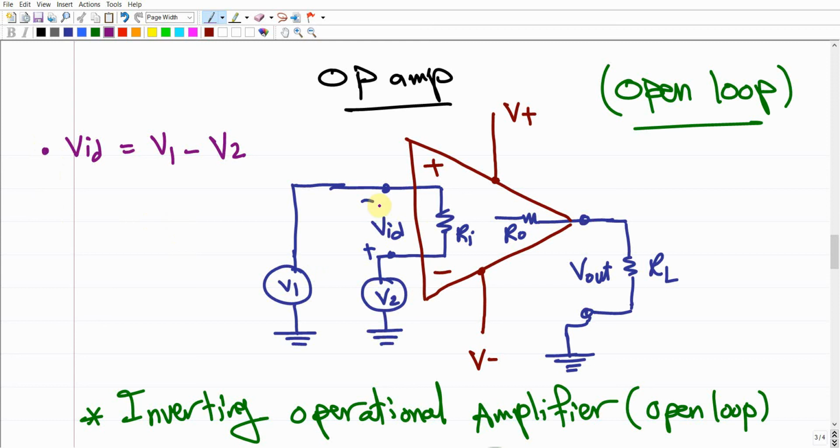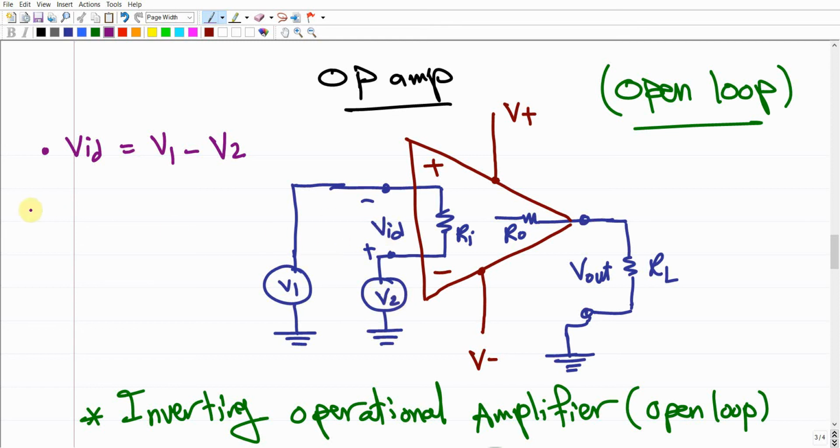It should be the difference between V1, which is positive, and V2, which is negative. So this is the input voltage, VID, for the operational amplifier, which depends on the difference between V1 and V2. Make sense? For example, if V2 equals 0, VID will be V1. If V1 equals 0, VID will be negative V2.